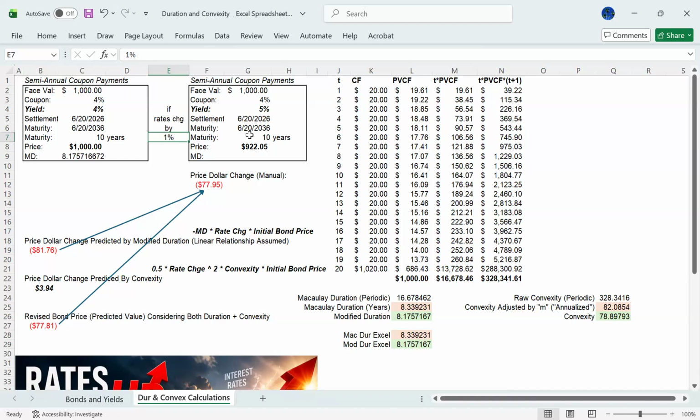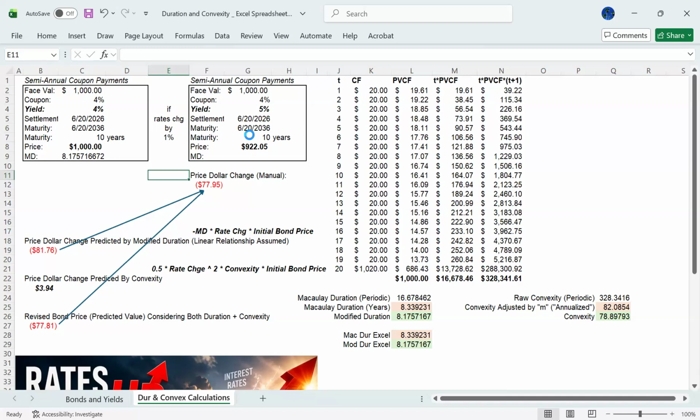and duration and convexity may not be the best way to predict or to evaluate the impact on a bond portfolio. So if it's 25 basis points, 50 basis points, 1%, you're fine. You can predict the impact on your bond portfolio using a fairly accurate prediction using duration and convexity.